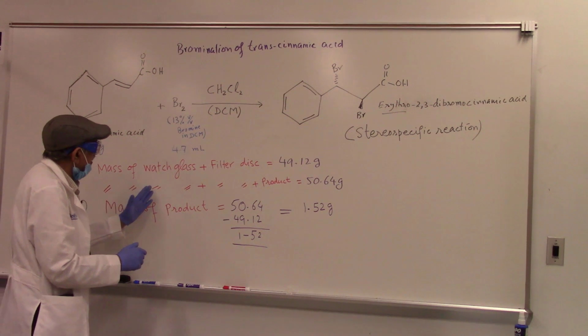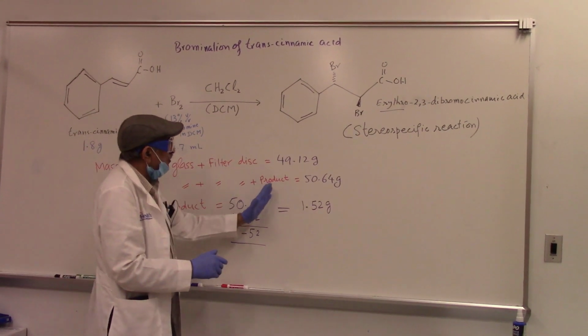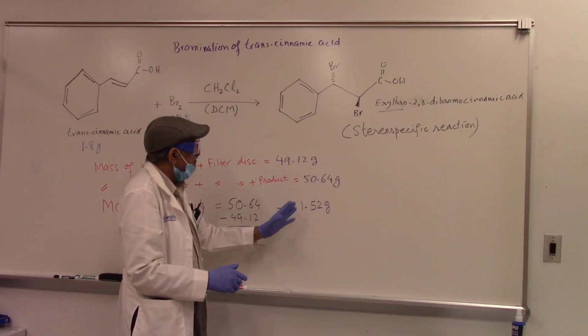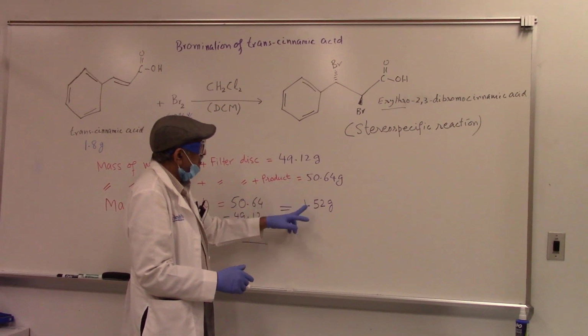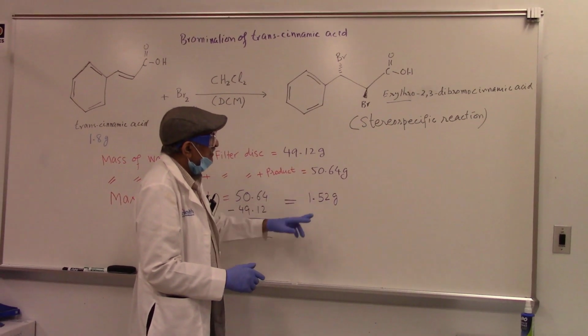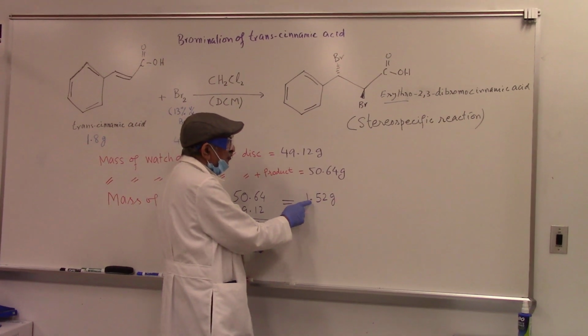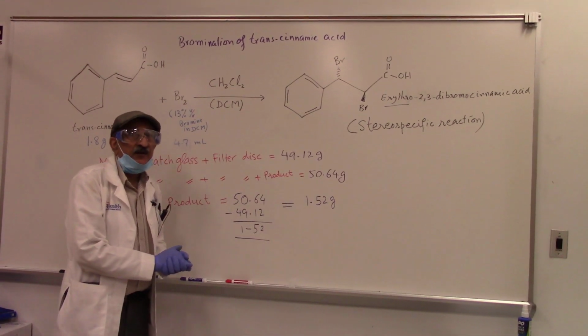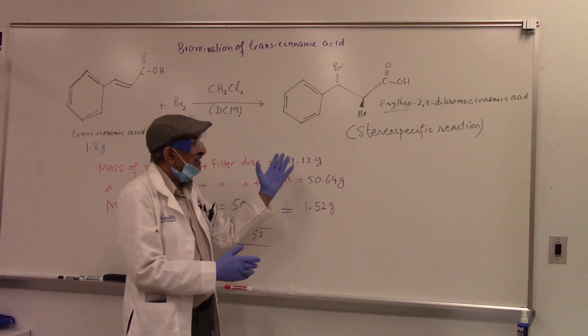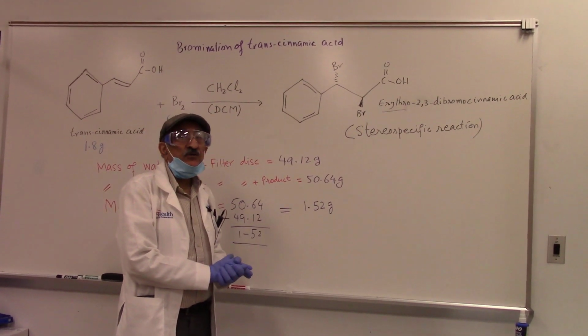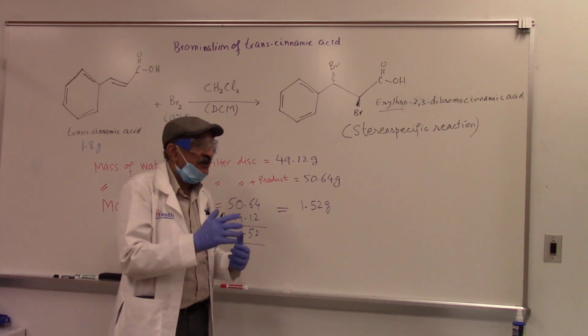The mass of the watch glass plus filter paper is 49.12, and with the product it is 50.64. So we got 1.52 grams of the product from 1.8 grams of cinnamic acid. So you can calculate the yield for this reaction.